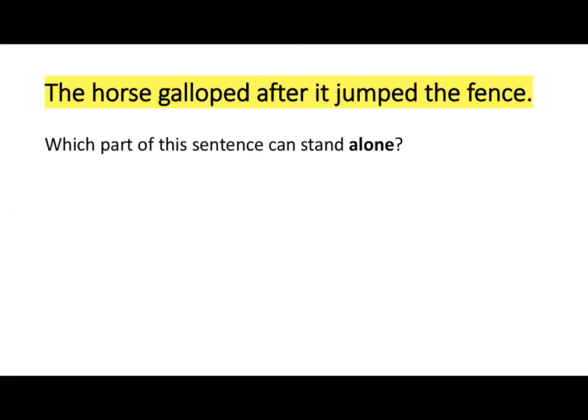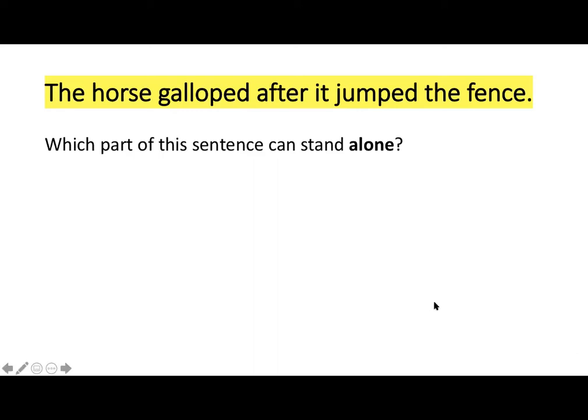Have a look at this question. Which part of this sentence can stand alone? Which part of this sentence is independent? Look at the sentence. The horse galloped after it jumped the fence. Who thinks they can break down a part of the sentence and tell me which is the independent clause? Which words form an independent clause in this sentence?